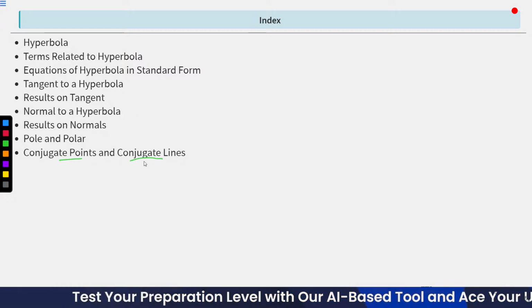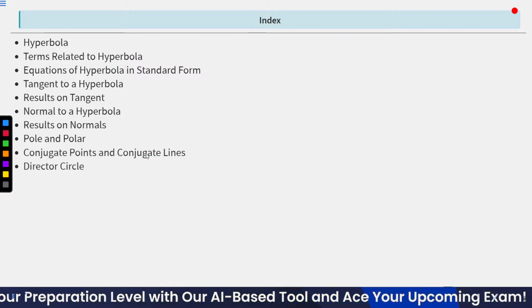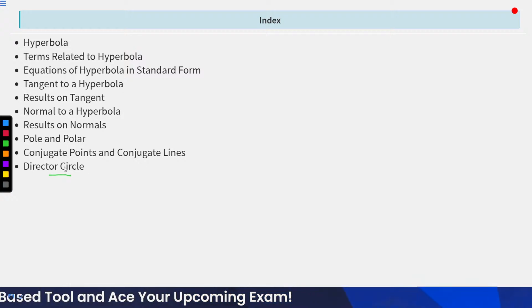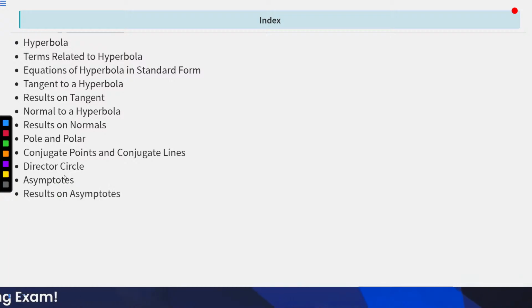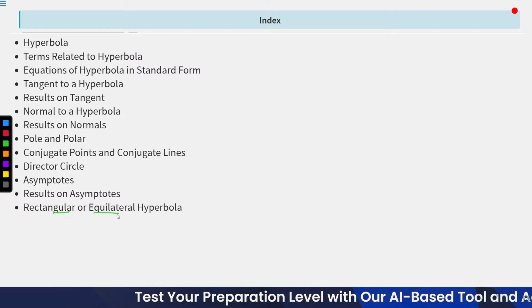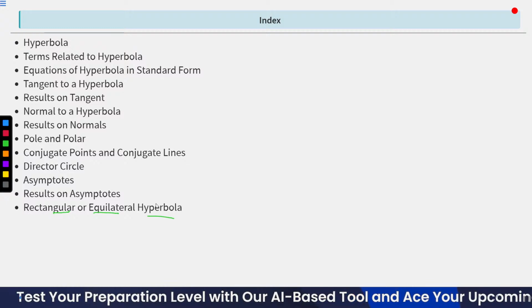Conjugate points and conjugate lines. Director circle. Asymptotes. Results on asymptotes. Rectangular or equilateral hyperbola.